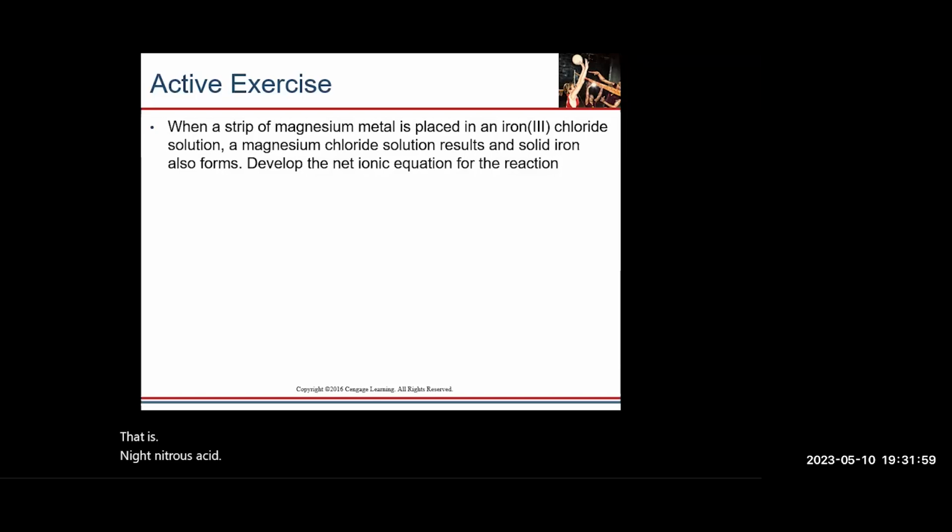All of those are going to be weak acids. And then we know that hydrofluoric acid is going to be a weak acid. Although all of the other ones, hydrochloric acid, hydroiodic acid, hydrobromic acid, all of those are going to be strong acids. Do you guys remember why hydrofluoric acid is the only exception?